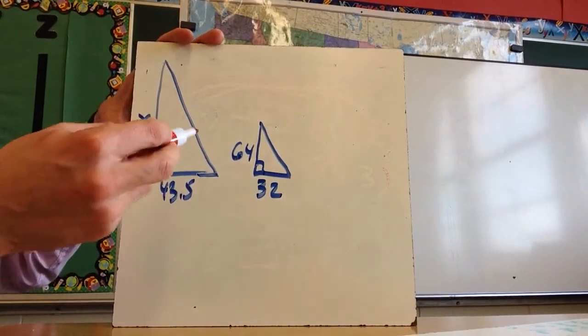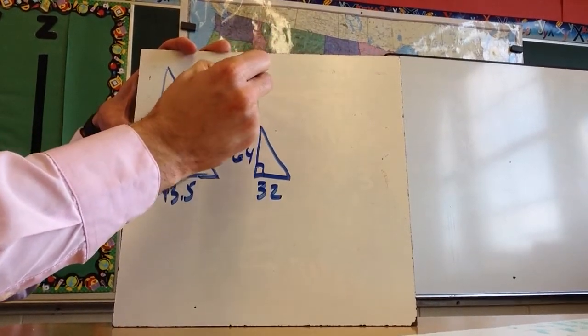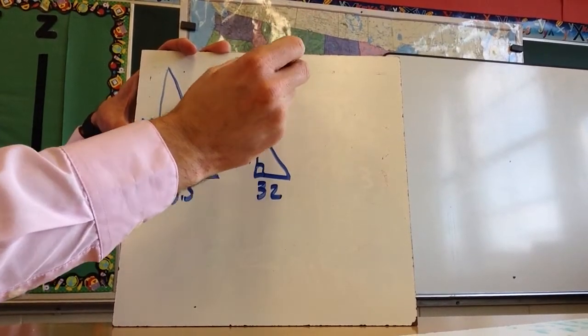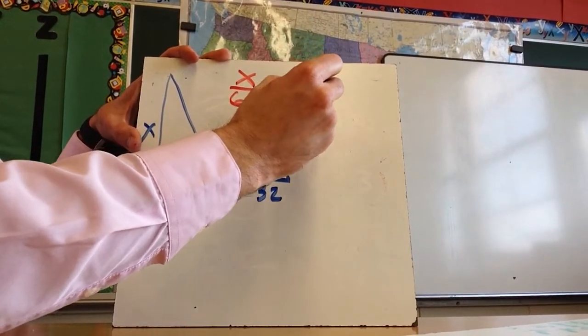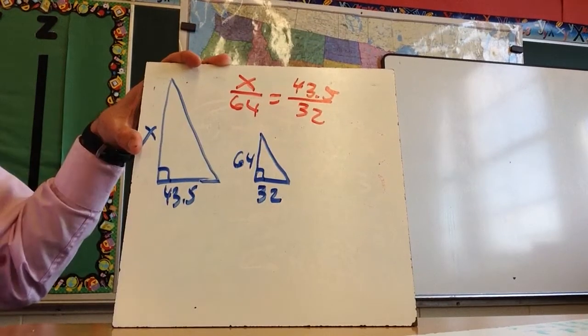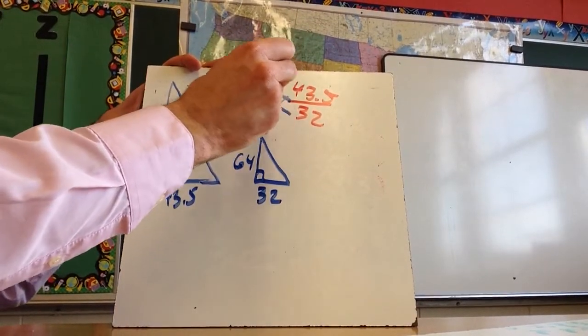And so I want to set this up in a ratio. So I'm going to go x, so the height of the shadow over the height of the person, equals the shadow of the statue over the shadow of the person. And now what I could do is cross multiply.